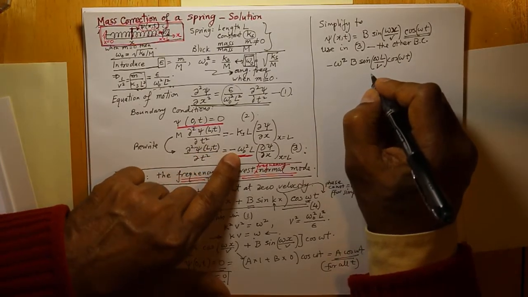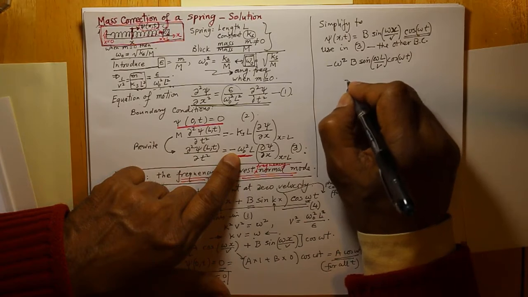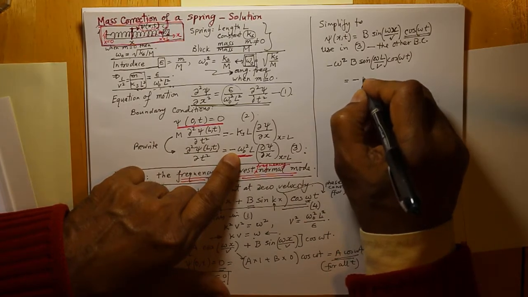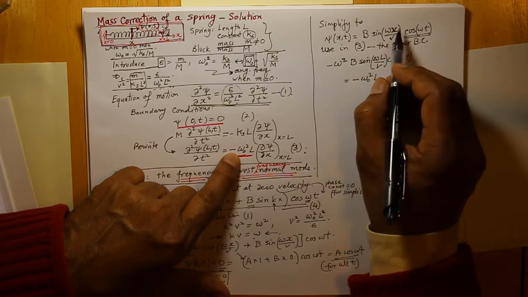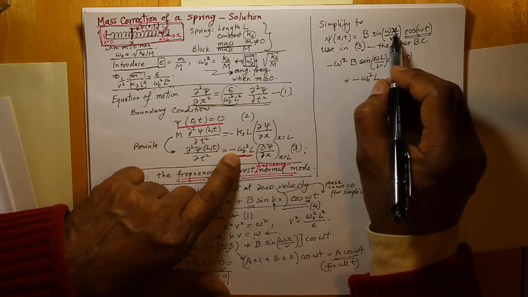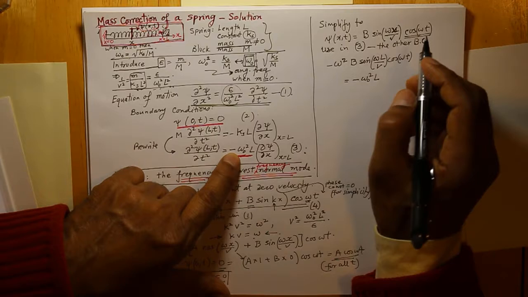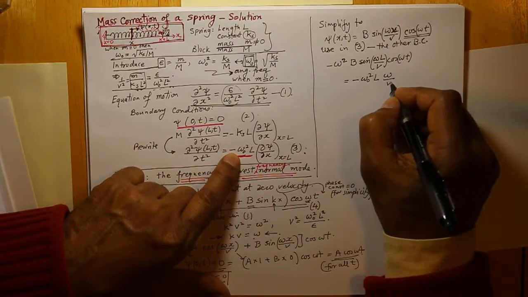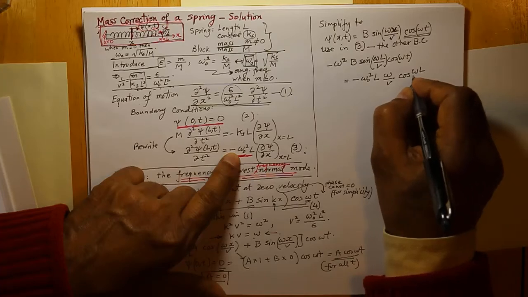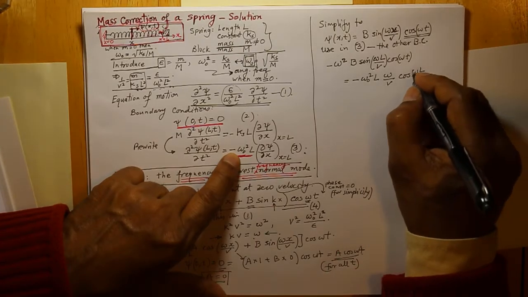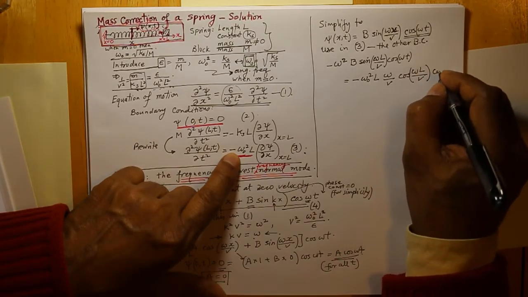On the right side, I got minus omega naught squared L, and so I take a derivative with respect to x, and I get omega over v, and I have a cosine omega L over v, cosine omega t.